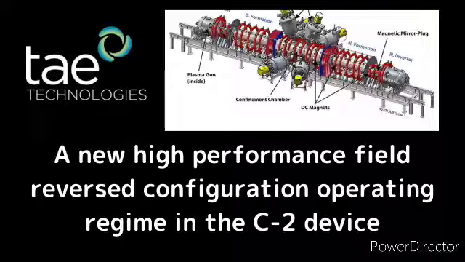Large FRCs are produced in the C2 device by combining dynamic formation and merging processes.